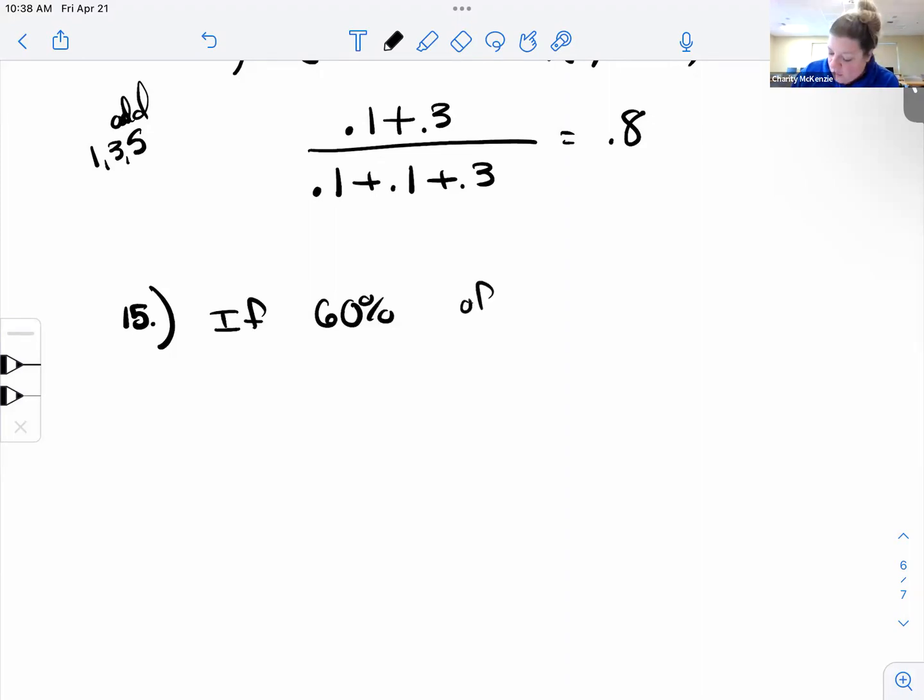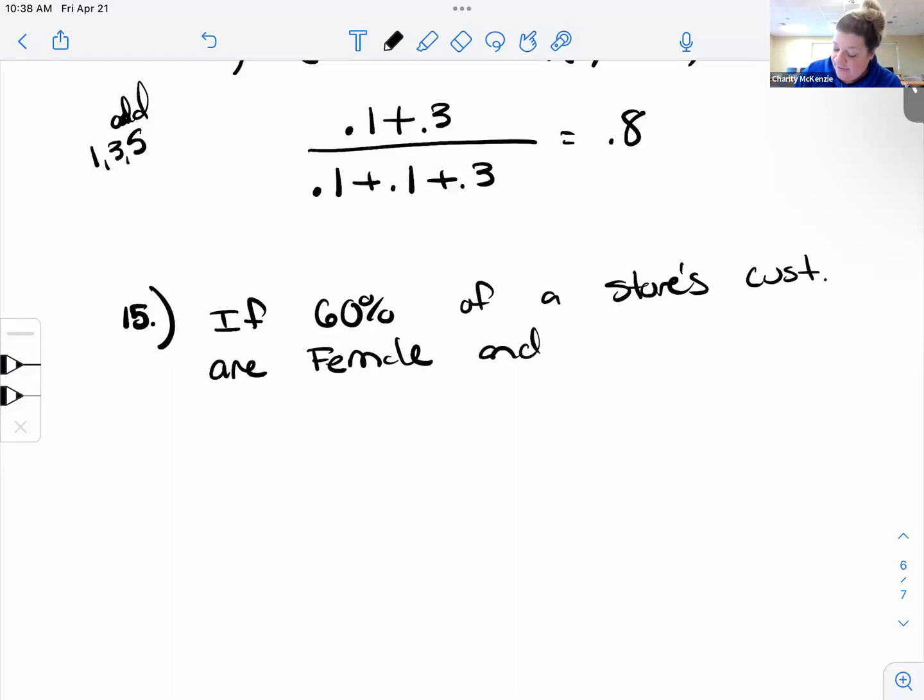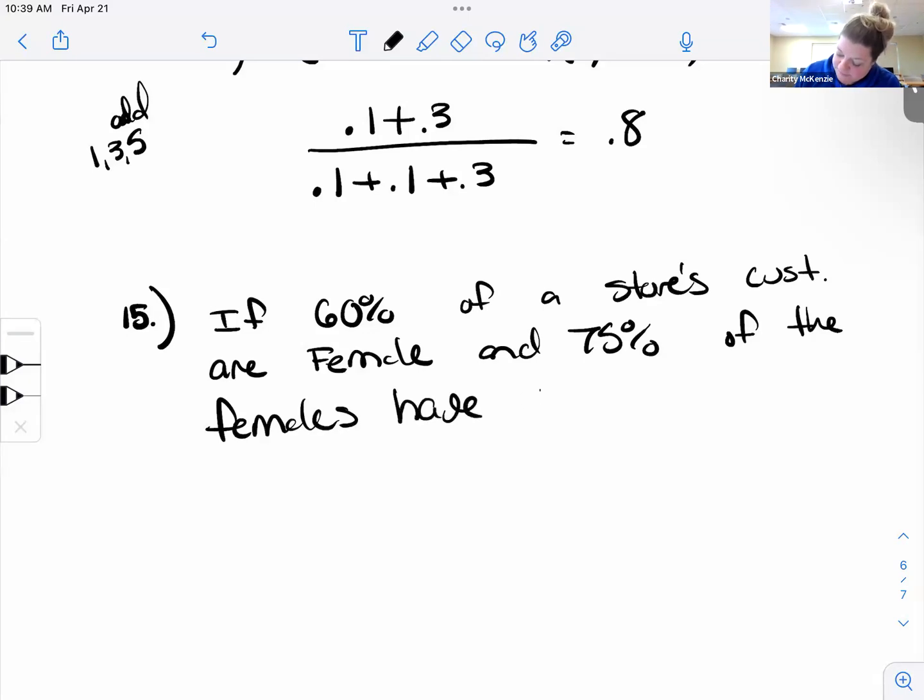If 60% of a store's customers are female. Okay, and 75% of the female customers have a credit card. This is old because we all have credit cards. 75% of the females have credit cards.